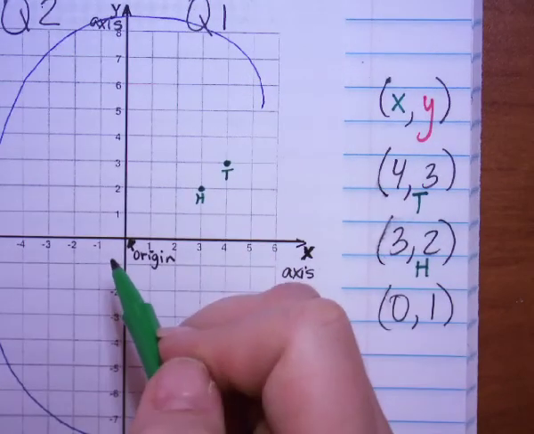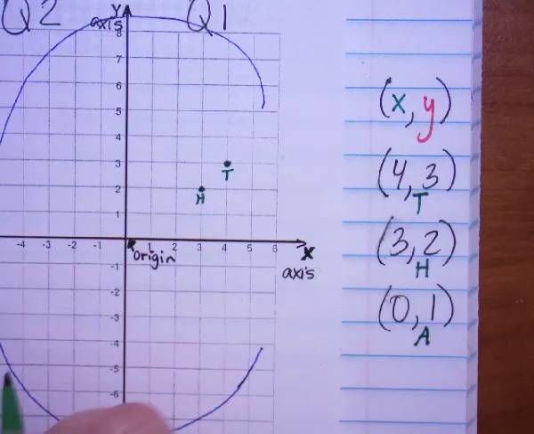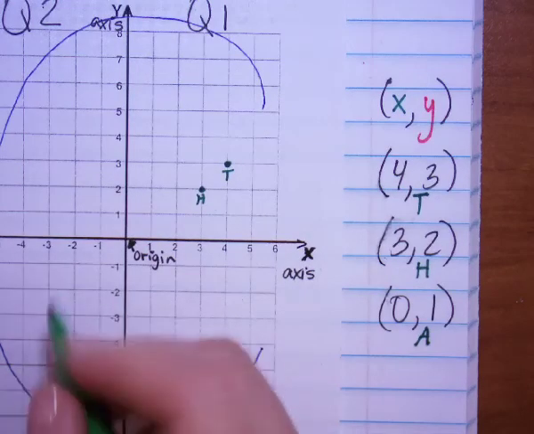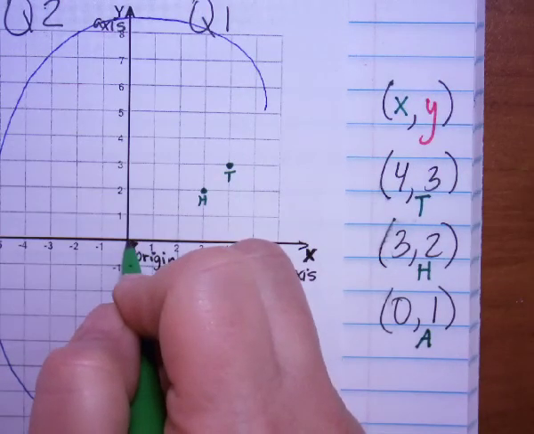All right? I want you to try this last one, and let's name him A. Okay, where do you think he's going to go? Ooh, now we're catching on. Where's he going to go, Tanvir? Origin, and then go up 1. Go up 1, good.